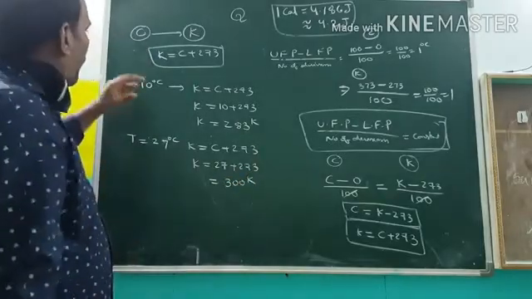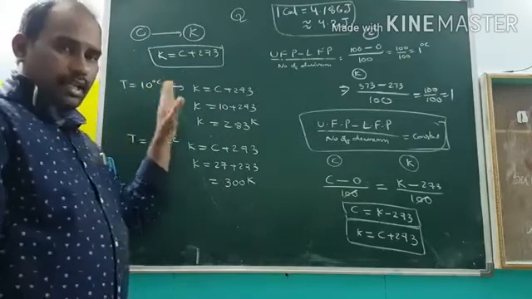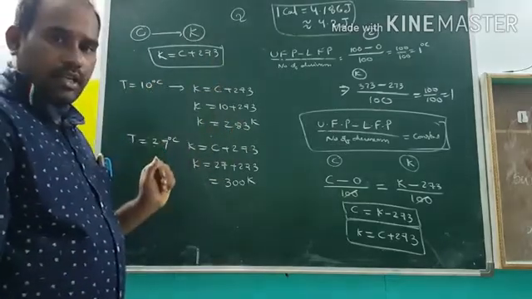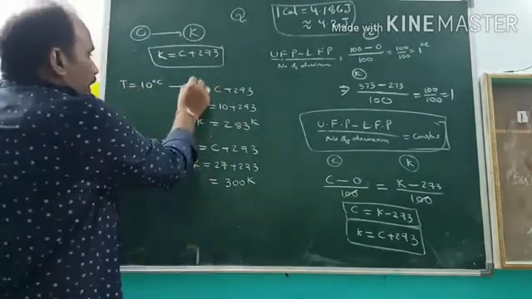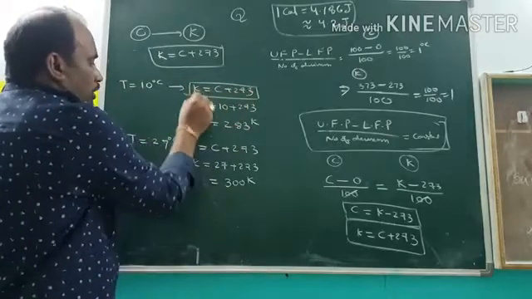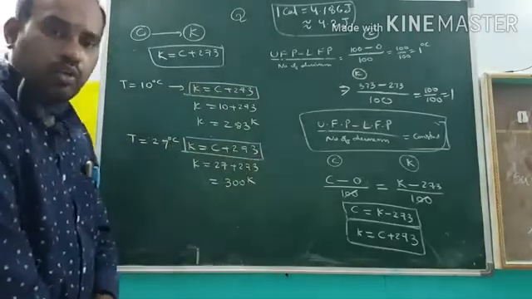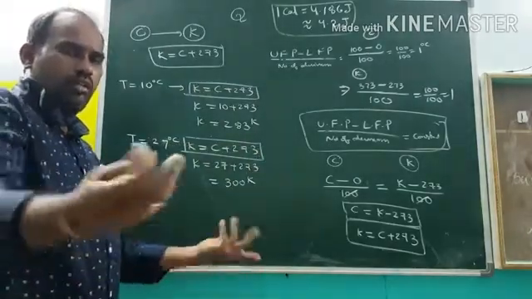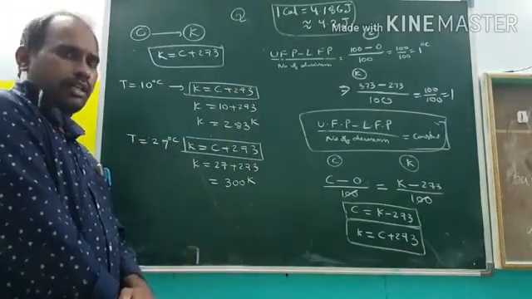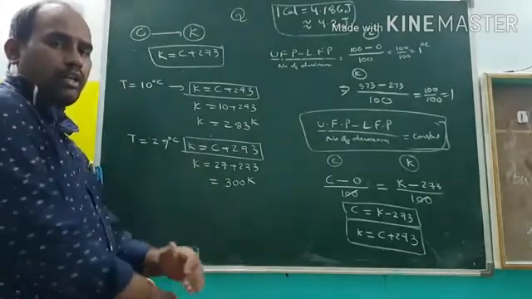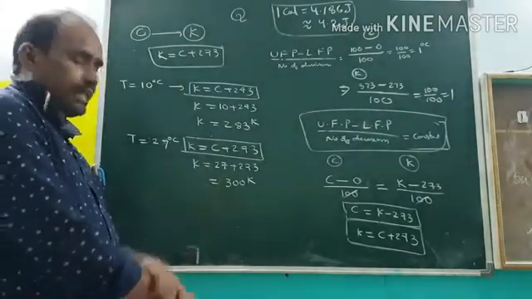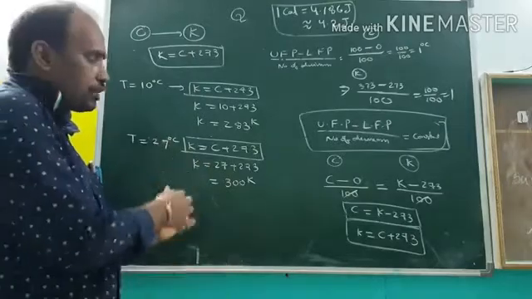So the Celsius scale is converted to the Kelvin scale. What formula did we use? K is equal to C plus 273. Simply remember it. Generally, without any calculation, it is easy to convert Celsius to Kelvin.